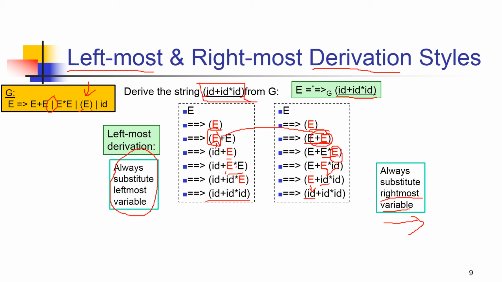So we got the same string, both are equal. The way of representation is different. This is the rightmost variable which is getting replaced, and here we have the leftmost variable which is getting replaced. So that is the leftmost derivation style and the rightmost derivation style.